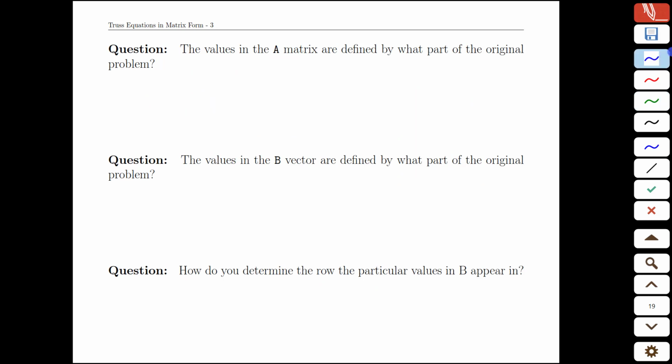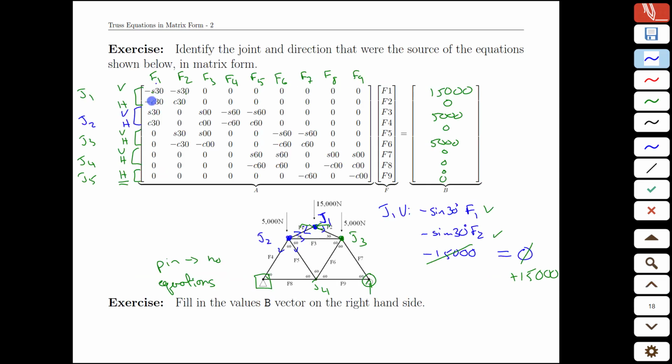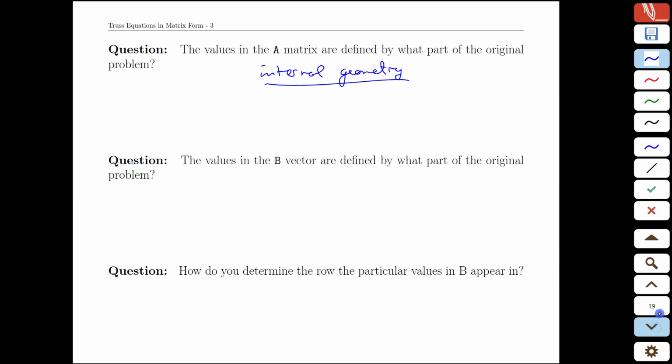Having done that, we can see some structure in the matrix that we built. A is all about the internal geometry. The elements in the A matrix are all sines and cosines having to do with the projection of a beam direction onto the horizontal or vertical axes, and which direction is it going in, negative or positive.